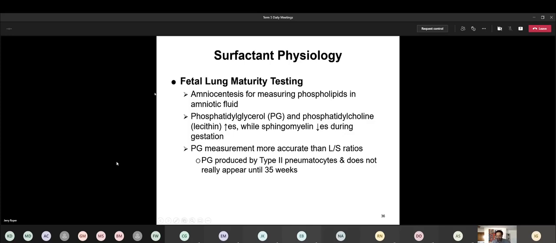Because this LS ratio can sometimes be a little misleading, and it may not be a really good marker for predicting surfactant maturity, a lot of times they'll focus on the phosphatidylglycerol levels instead of the actual LS ratio itself. But even still, the standard in most places is to check that LS ratio to see if you've got more than a 2 to 1 ratio.